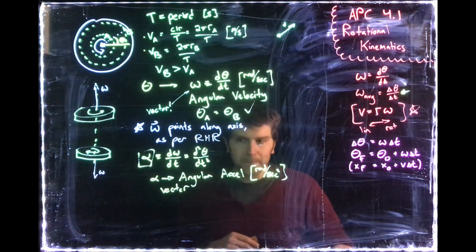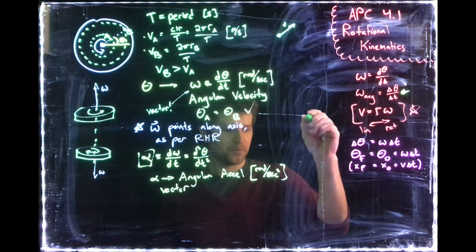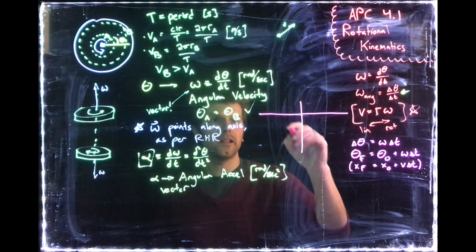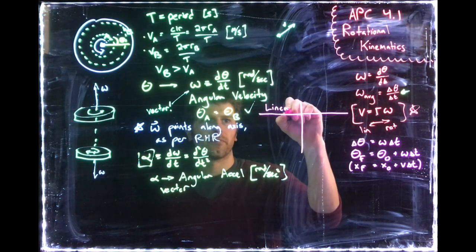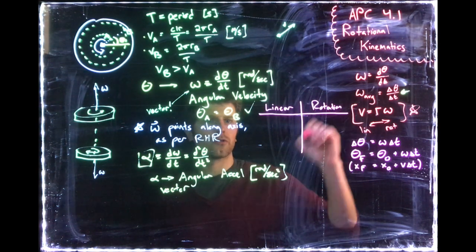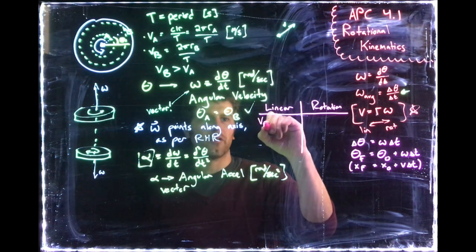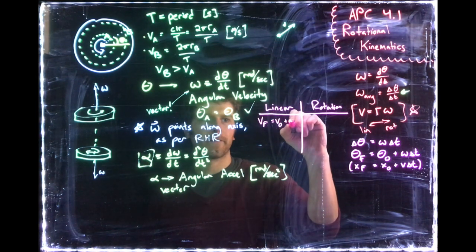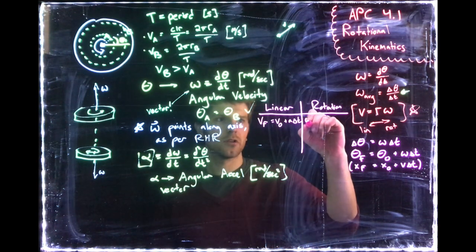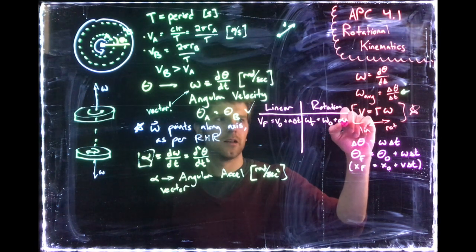And one thing we're going to find is really helpful: for every single linear kinematics equation, there's a rotational equivalent. So, for instance, our first kinematics equation, final velocity equals initial velocity plus a delta t. In rotation, that's just omega final equals omega initial plus alpha delta t.